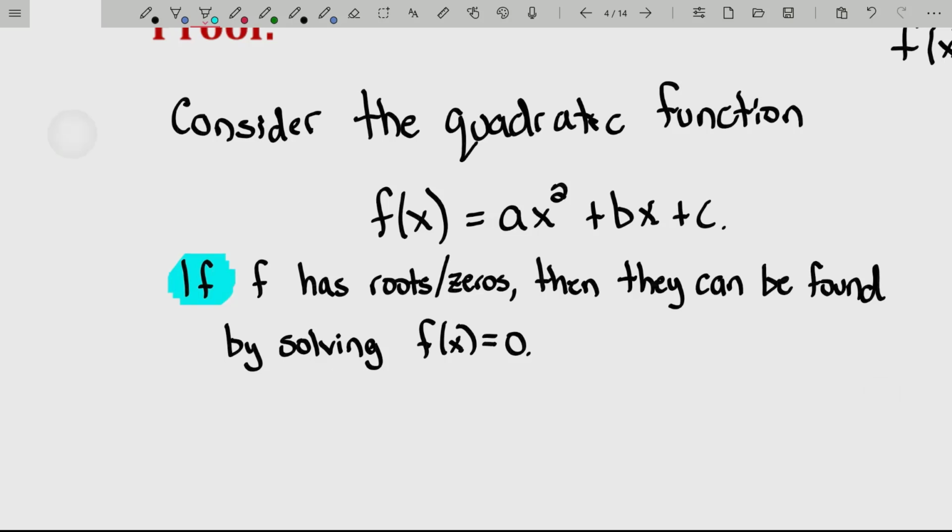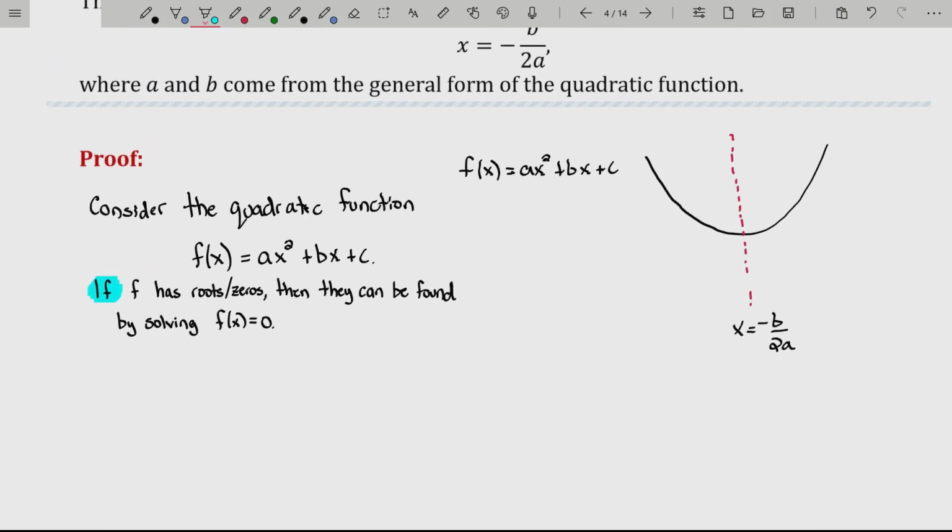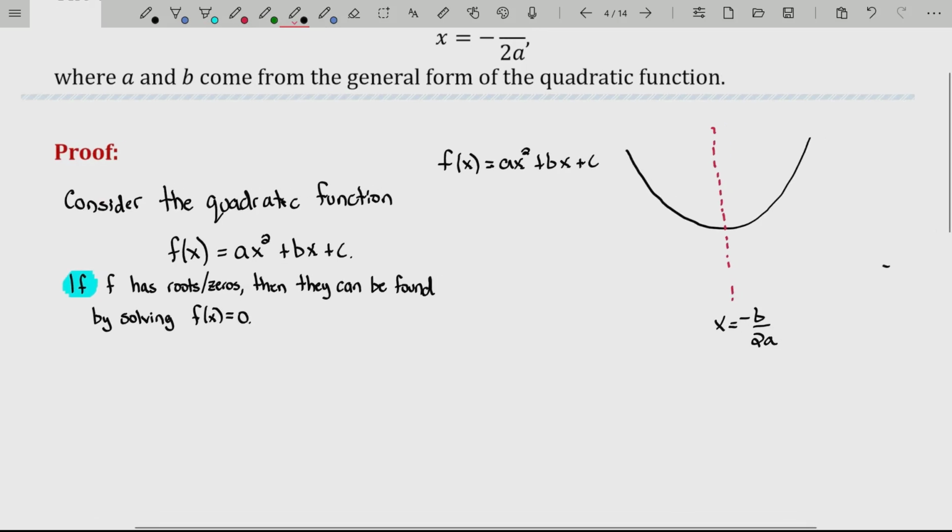For example, if I zoom out here, if the x-axis for this parabola were here, you see the parabola would never strike the x-axis. So that parabola would have no x-intercepts. That also means it doesn't have any zeros or roots that are real numbers.